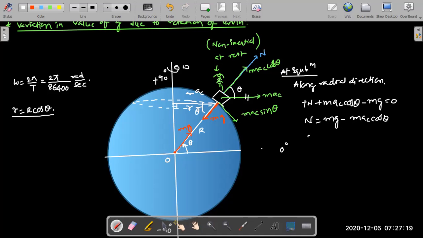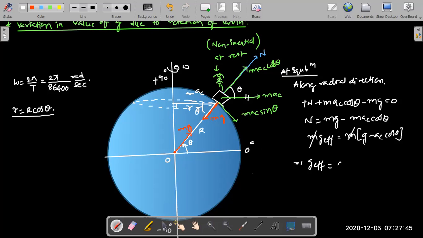Now can I call this N as m times g effective? That is m into (g minus a_c cos theta). What's the value of a_c? a_c will be omega square r, so omega square r cos theta.